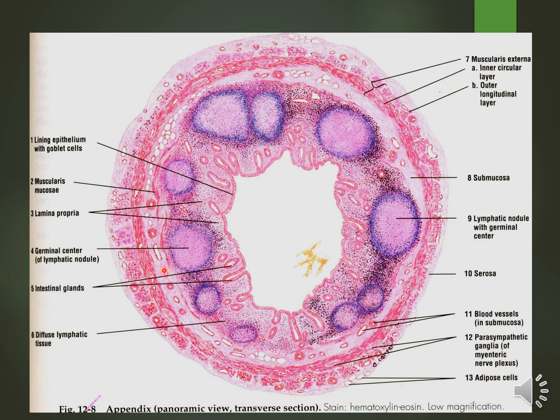If so, they could also be present in the submucosa. Then muscularis externa is composed of inner circular and outer longitudinal bundles of smooth muscle fibers. Then the outermost layer is called the serosa layer.